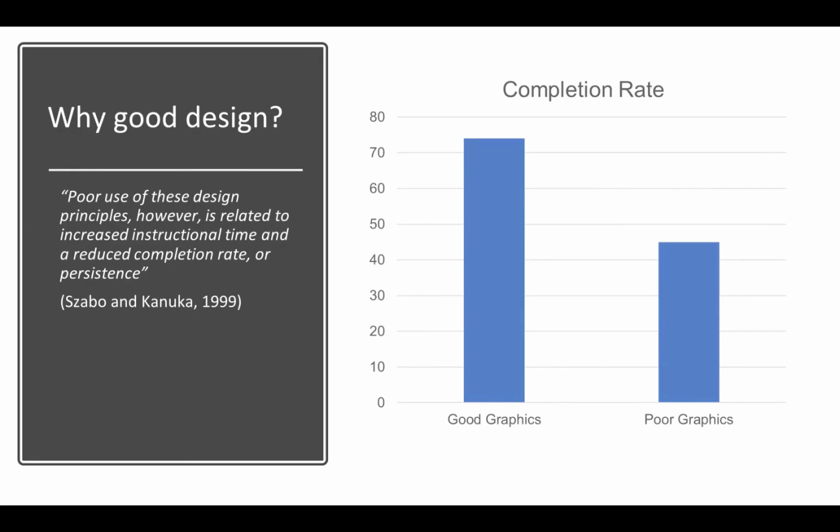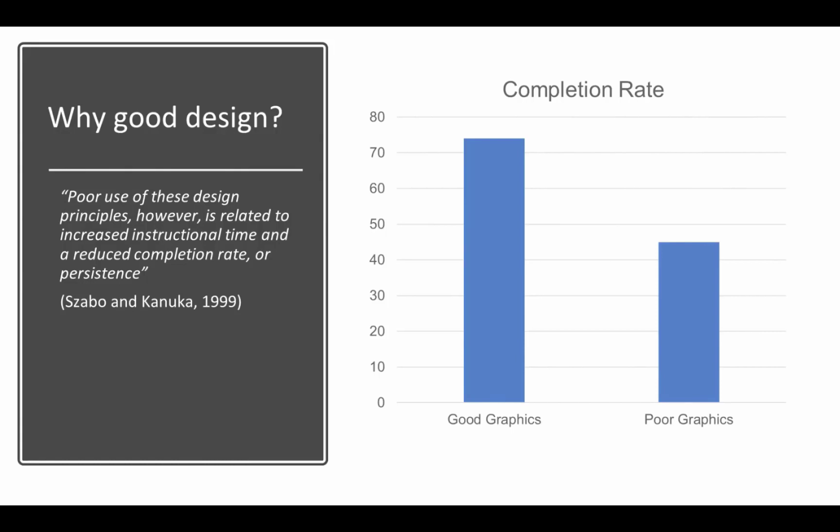Now let's look at why good design is important for distance learning. A study by Savo and Kanuka at the University of Alberta was conducted to determine if screens that employ accepted principles of visual design influence the learning process.